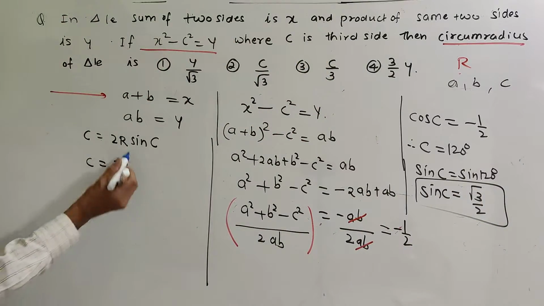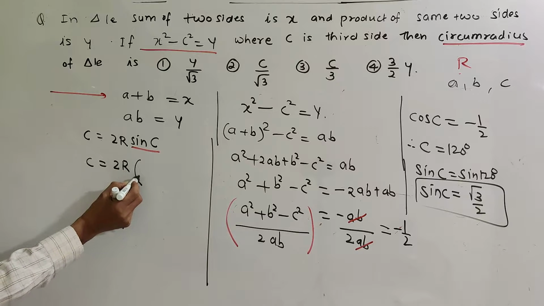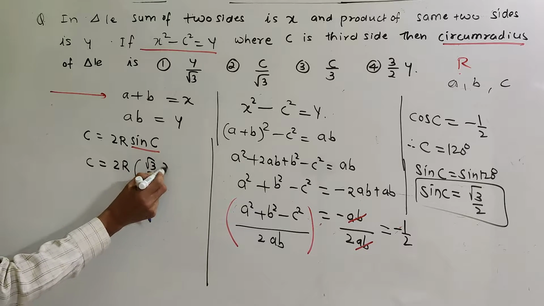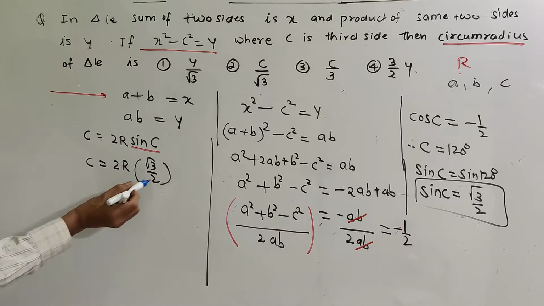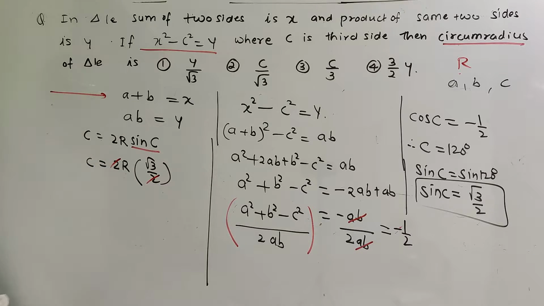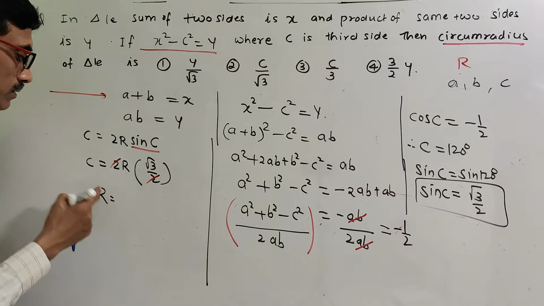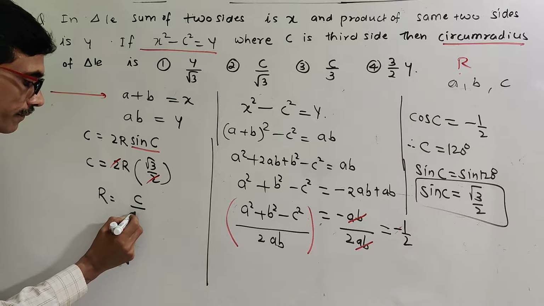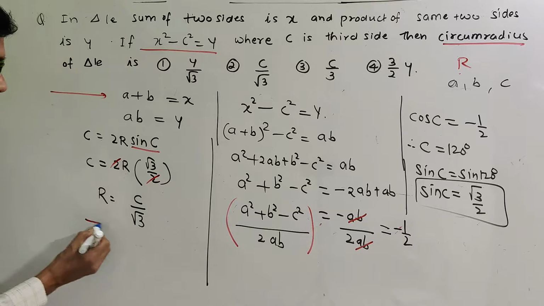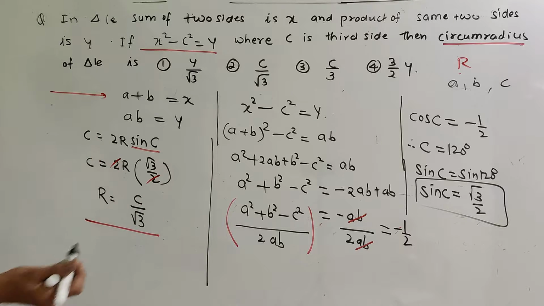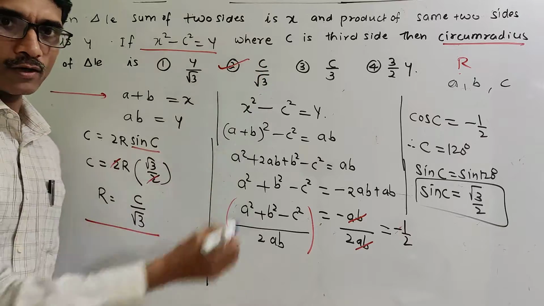Substitute sin C here, which is root 3 by 2, and the 2 gets cancelled. So we required the circumradius, and capital R is equal to c upon root 3. So c upon root 3 is this second option.